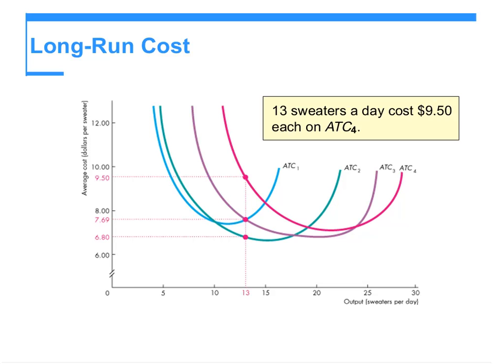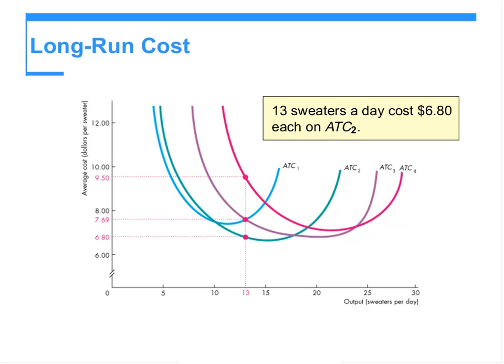As you can see, when we increase that, 13 sweaters a day cost 6.8 on 2 knitting machines, 7.69 on 3 knitting machines, and 9.5 on 4 knitting machines. If you remember, this one was the 4 knitting machine.